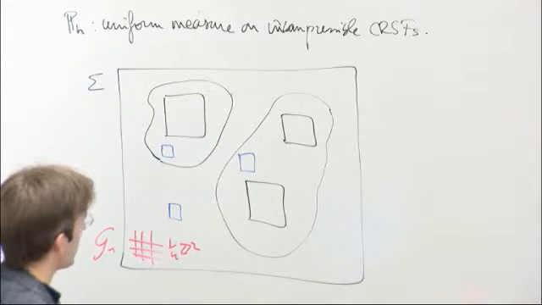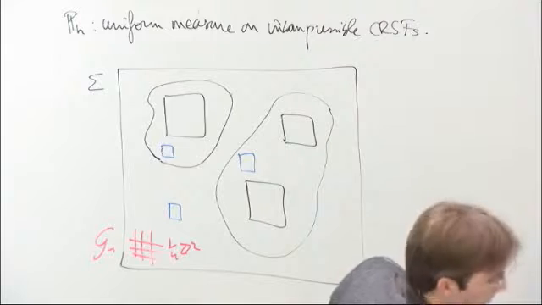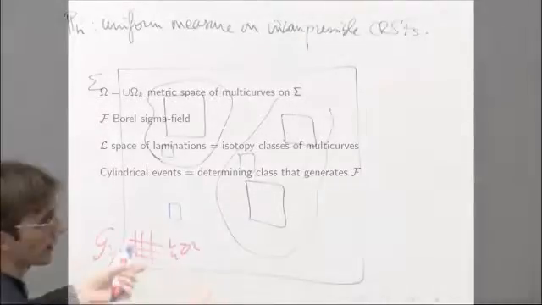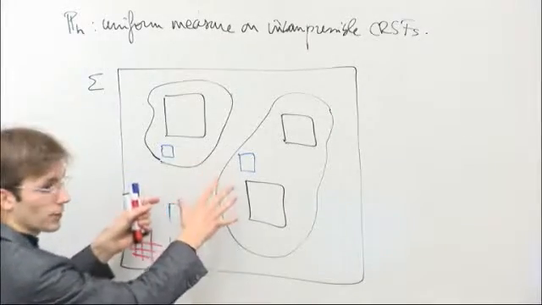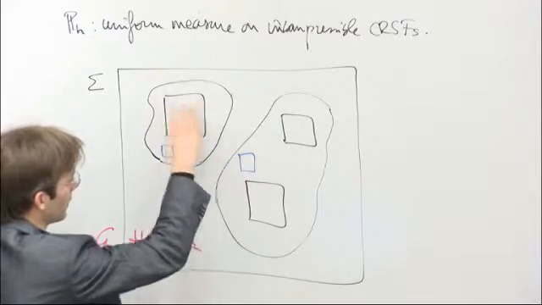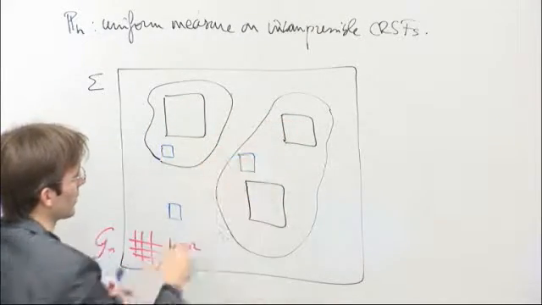So basically, we're interested in what I called here lamination. And lamination is just a word to say isotopy or homotopy class of multicurves with respect to a topology. So I now fix some blue squares in addition to the black squares.